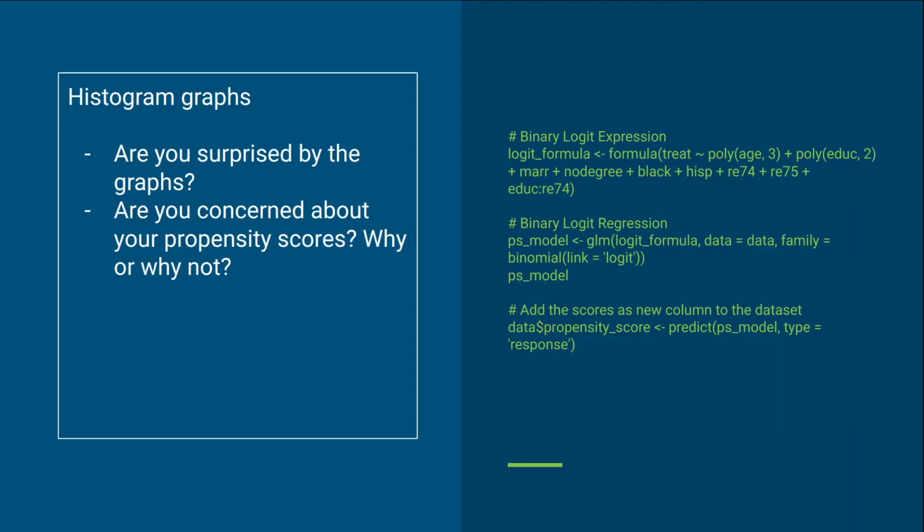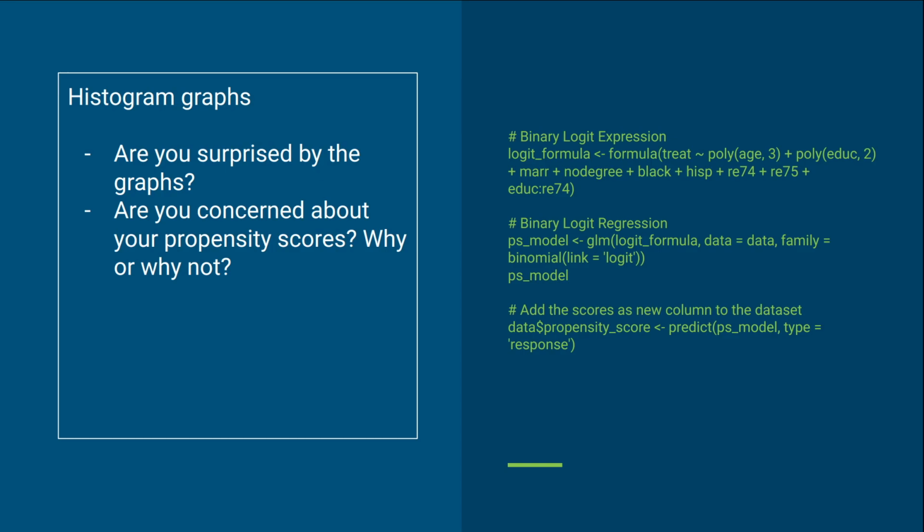And then we assign the new expression to this variable logit_formula, and then we passed it to the generalized linear model function, which is available in R by default, and with that we get the propensity scores. And so what we did was then add the propensity scores as a new column to the original data set.